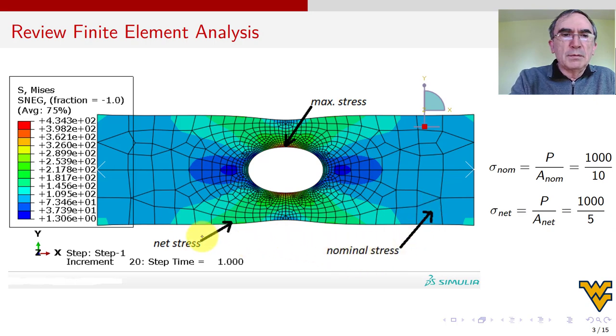That's all in the previous video. And so we gain confidence that the finite element analysis is doing the right thing. And then we go look here, and we say, oh, the maximum stress is 434. Oh, how can 434 be magnified from 200? That's 2.2 times. That is a stress concentration. So that's what we mean by stress concentration.